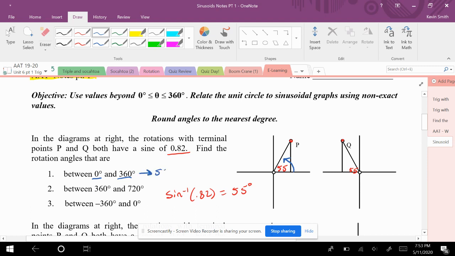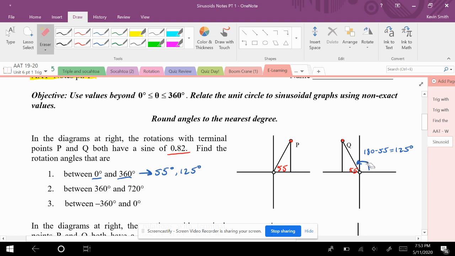So one of these will be 55 degrees. And in the second quadrant, we'll need to do 180 minus 55 degrees, which will give us 125 degrees. So these are the two angles between 0 and 360 that the sine of them is going to be 0.82.